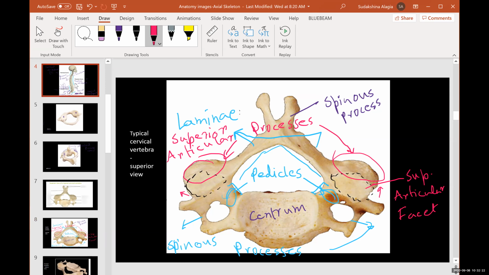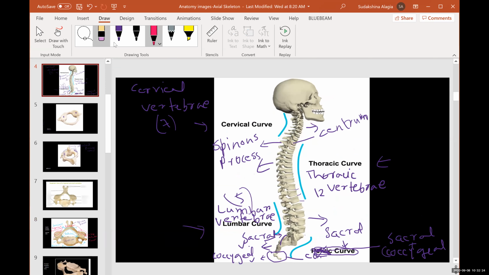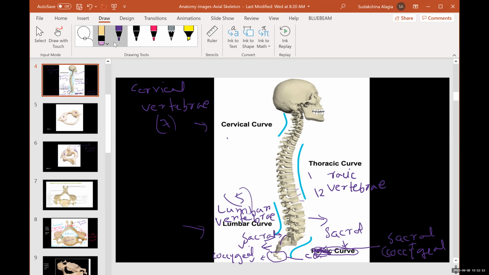So, going back here again, I'm going to erase this writing so that we can look at the vertebral column a little better. So here, look at this. Each vertebra articulates with the vertebra below, and the vertebra below articulates with the vertebra above, meaning they have to fit together.